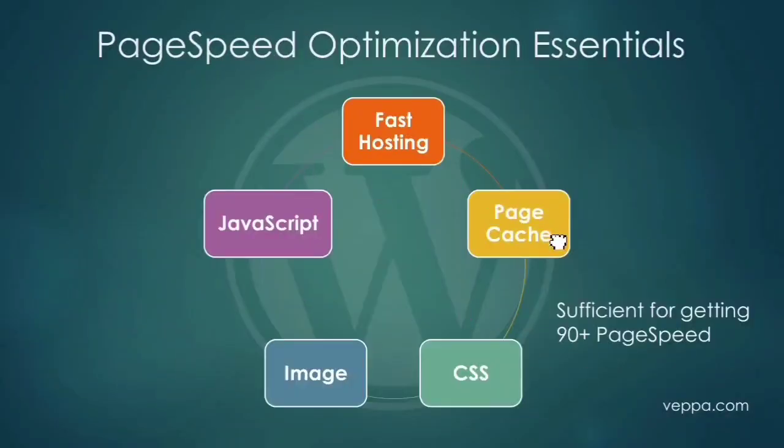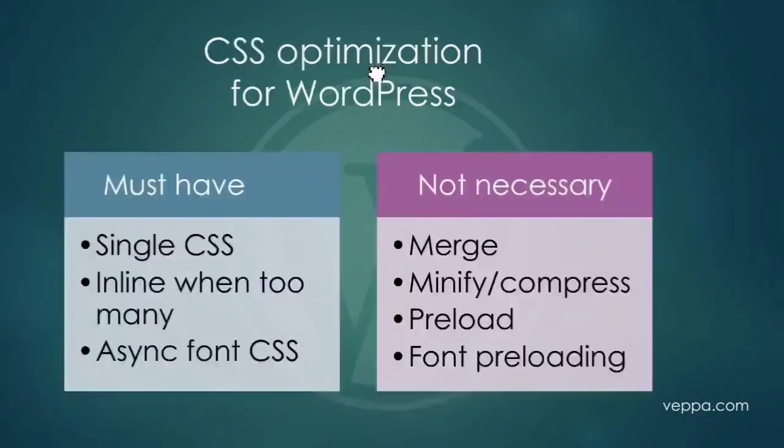So after page cache, let's check how to optimize CSS files in WordPress. There are also many optimization options with CSS. Generally, if you have one or two CSS files in your WordPress website, then you don't need to optimize it. It's already optimized. So when you choose your theme, pay attention to CSS usage.